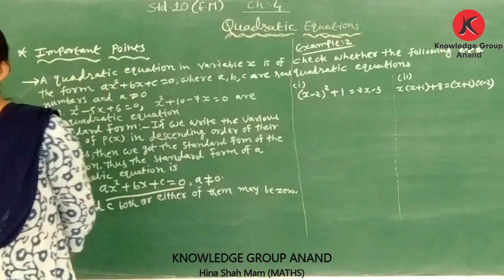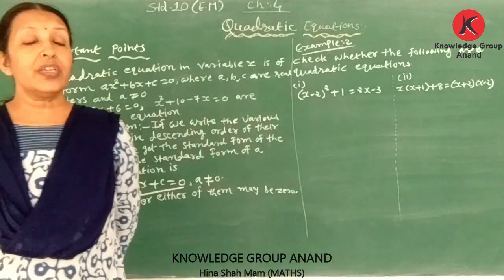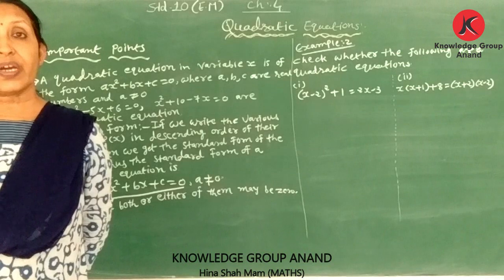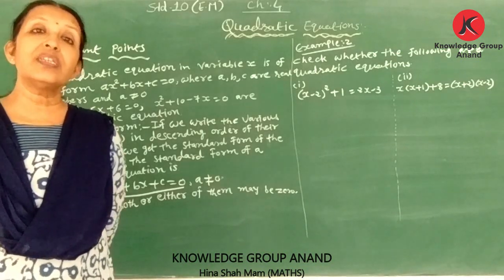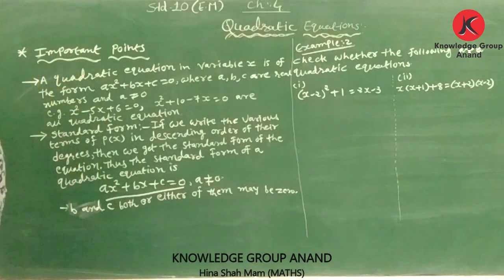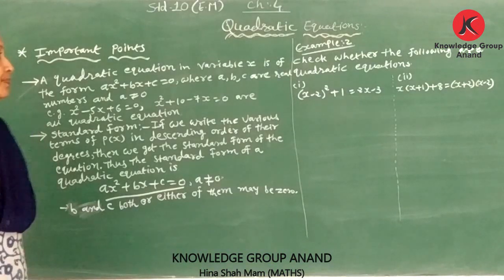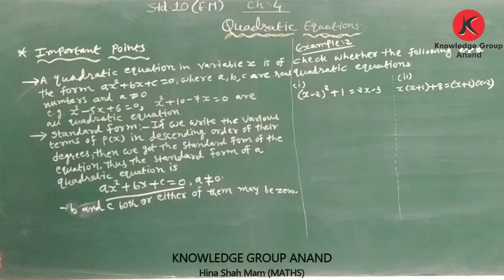In a quadratic equation, the polynomial is equal to 0. Therefore, ax square plus bx plus c is equal to 0 is a quadratic equation.